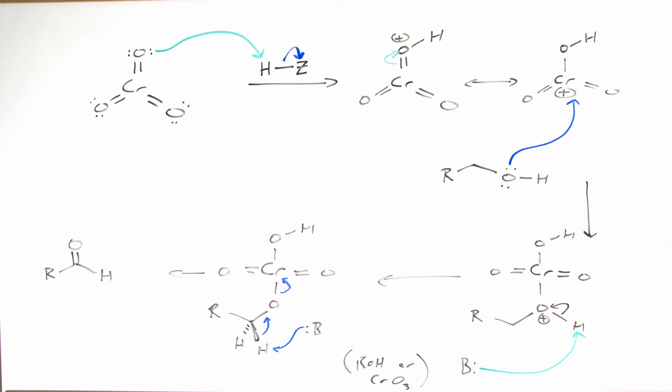And this does not have anything to do with how much you use. It is not a stoichiometry question. If it were, you wouldn't need PDC. You would just measure out the chromium trioxide more carefully to begin with. That's not how it works. How do I get it under control?